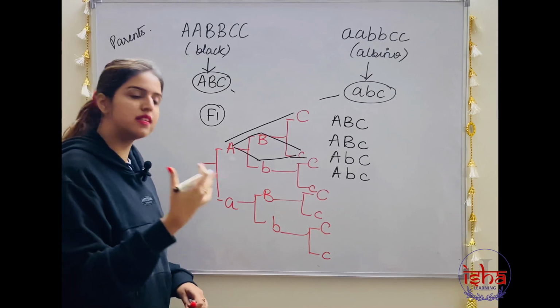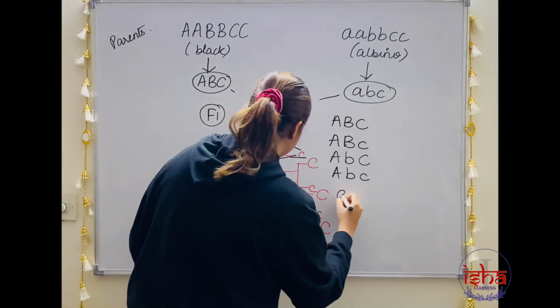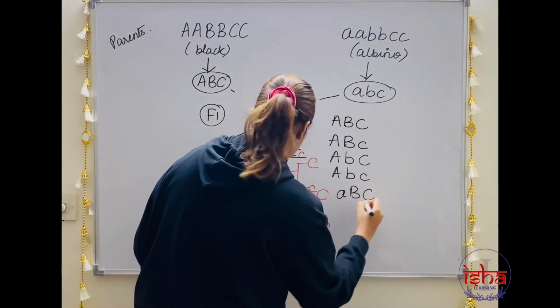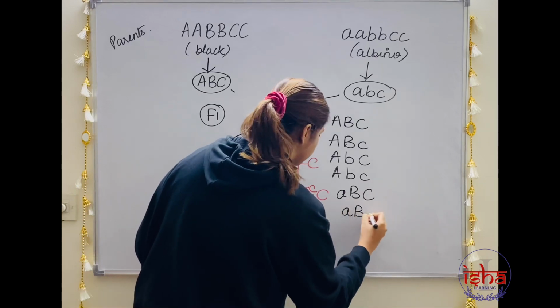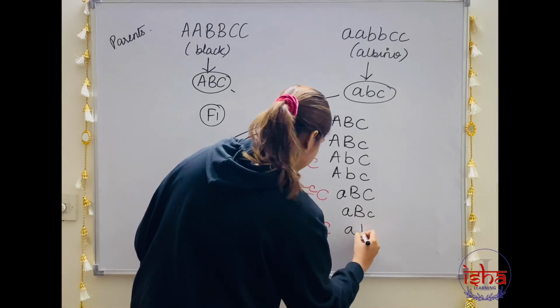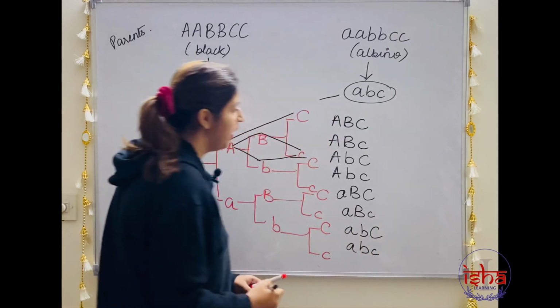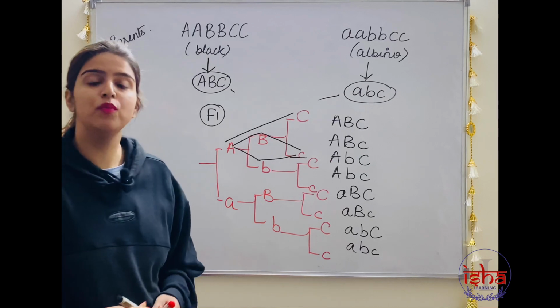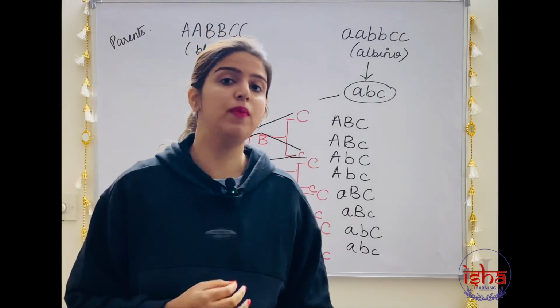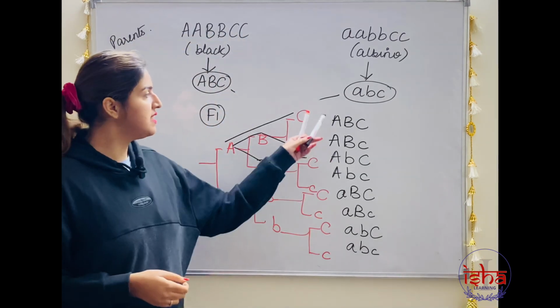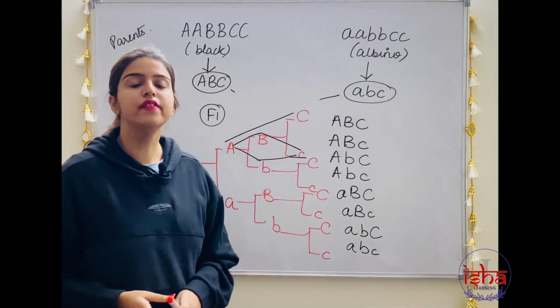Similarly, I'm just going to list down the others. Realize that when I said 8 different gametes would be formed, here we see 8 different combinations of gametes were formed.